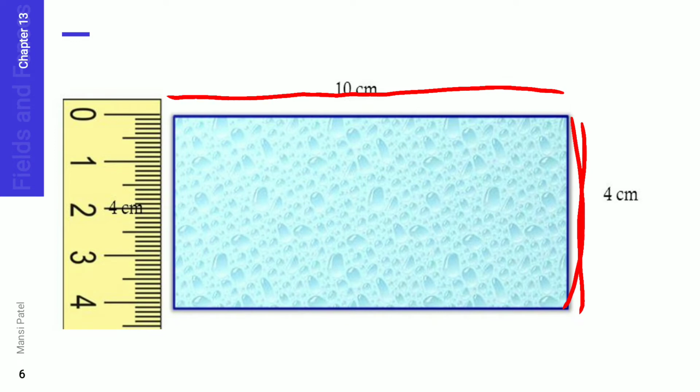First you have to take your ruler. At the starting point you have to put the 0 and you can see where it ends. It ends at 4 centimeter. So we can say that the breadth of this rectangle is 4 centimeter.